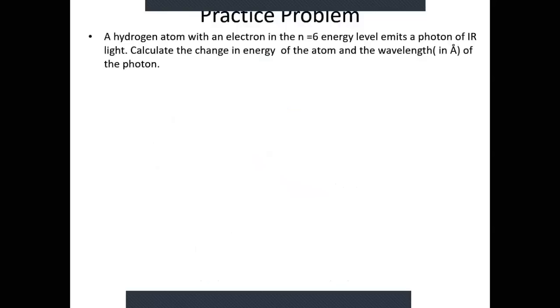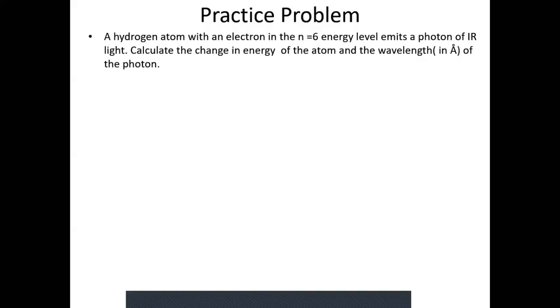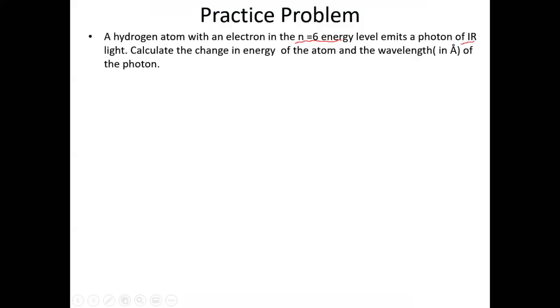So here we have an example problem involving the hydrogen electronic transitions. Here we have a hydrogen atom with an electron in the n equals 6 energy level, and it emits a photon of IR light.